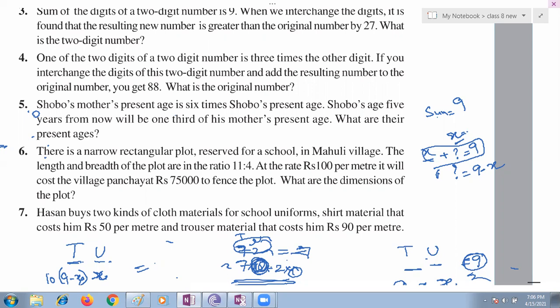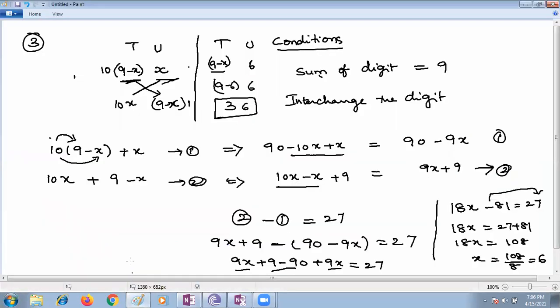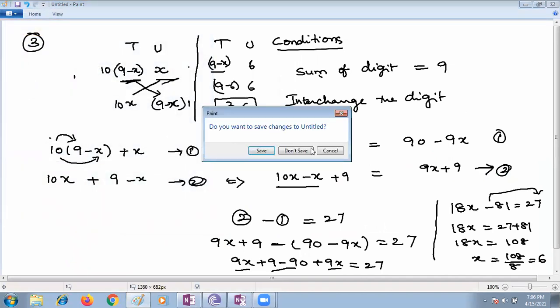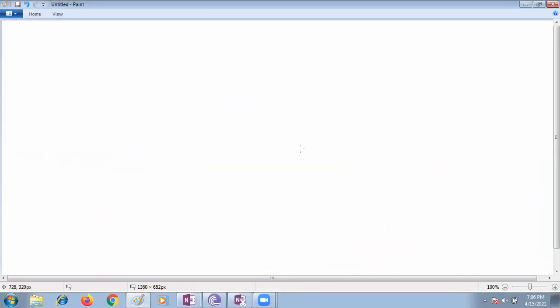Whatever the conditions given, we will write first on the screen. Ma'am, 10 into 3a becomes 30a. Okay, ma'am. Yes. Good.